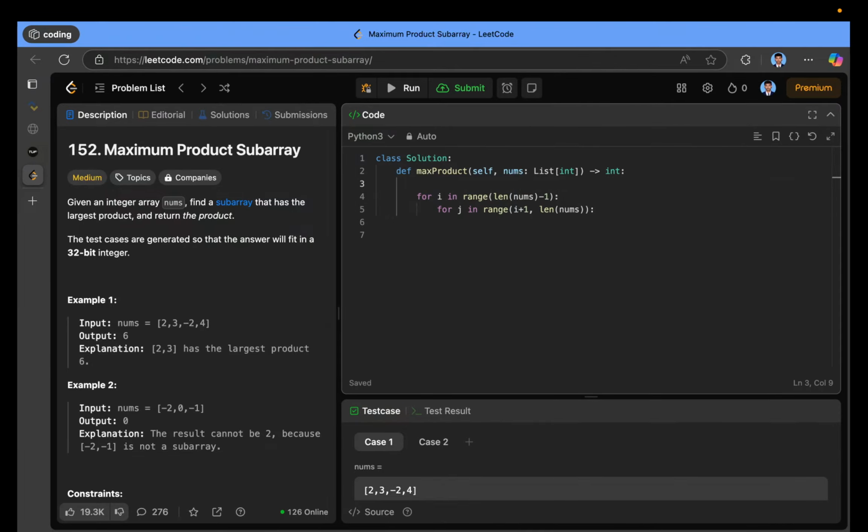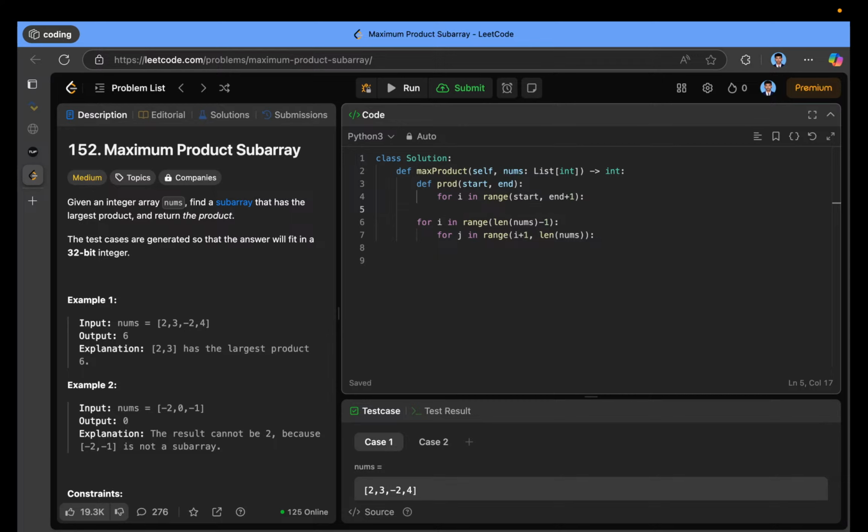Let's make a function, def product, and I will give the range start, end. If I find the start end, then for i in range start comma end plus 1.